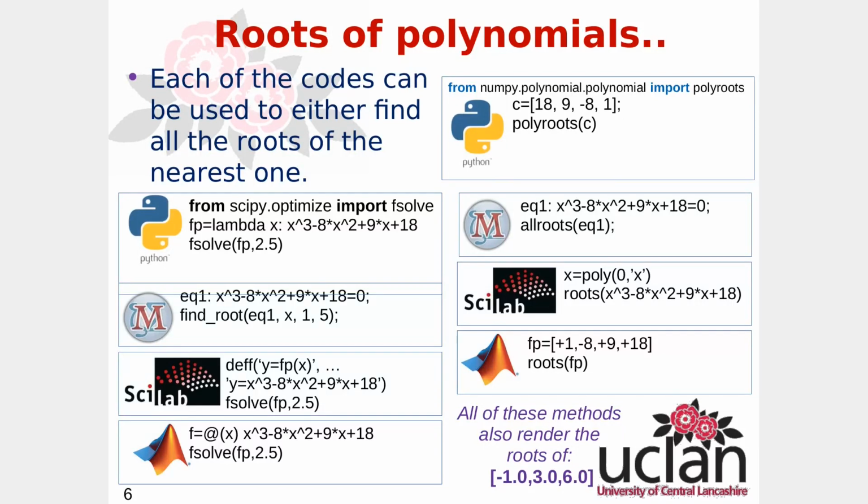In Scilab, it's a matter of defining using the deff command, setting up the equation and then asking to solve that equation near 2.5, for instance. And almost identical, instead of the deff, we just use an anonymous function at x and ask MATLAB to solve fp near 2.5.